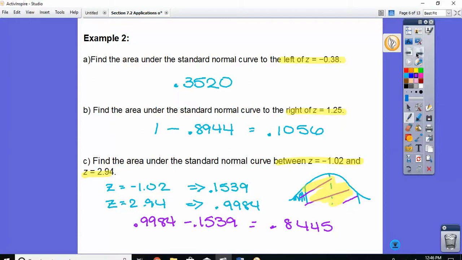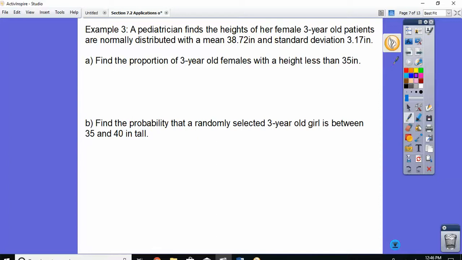More problems. A pediatrician finds the heights of her female 3-year-old patients are normally distributed with a mean of 38.72 and standard deviation 3.17.